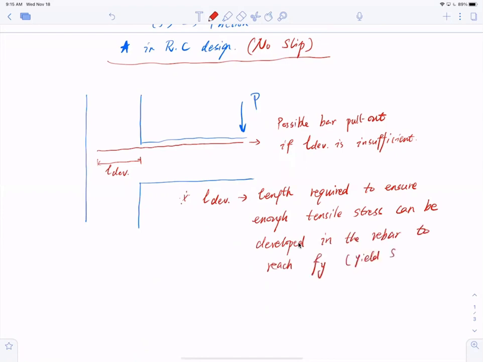Very important. You can just think about it as just enough length that accumulates enough stress to yield the bar. So that's the simple definition of it.